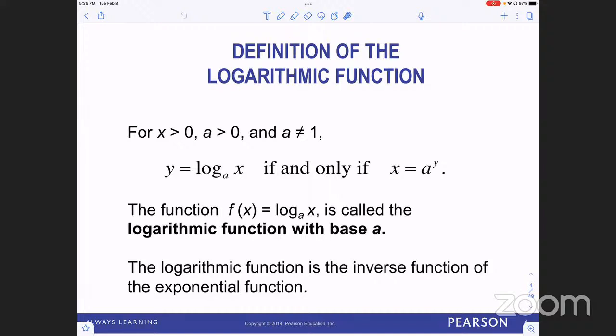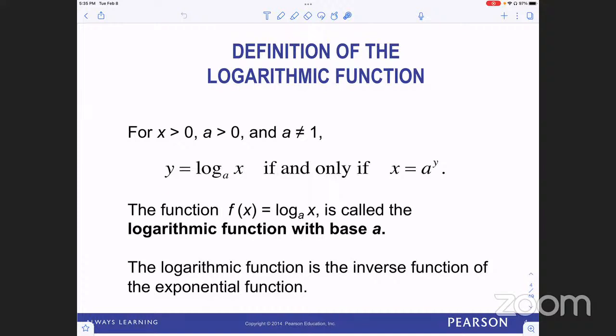Logs have a vertical asymptote and start off to the right side of the y-axis, running along the y-axis, and then pass through the point (1, 0). It seems as if it flattens out as it goes to the right, but it actually doesn't. It continues to gradually increase. I say that to say that logs and exponentials are inverses of each other.